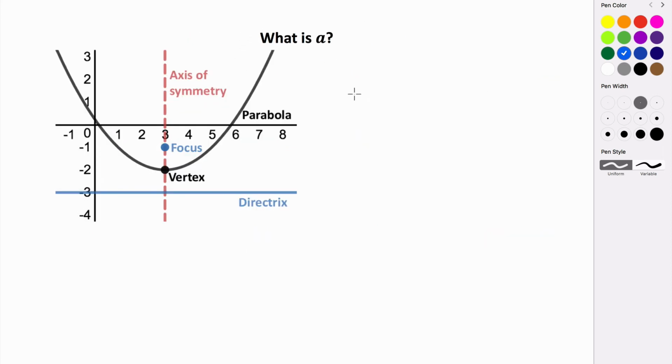We talked about a, and we want to know what a is. Well, a just represents the distance from the focus to the vertex, or from the vertex to the directrix. So a is this distance here.